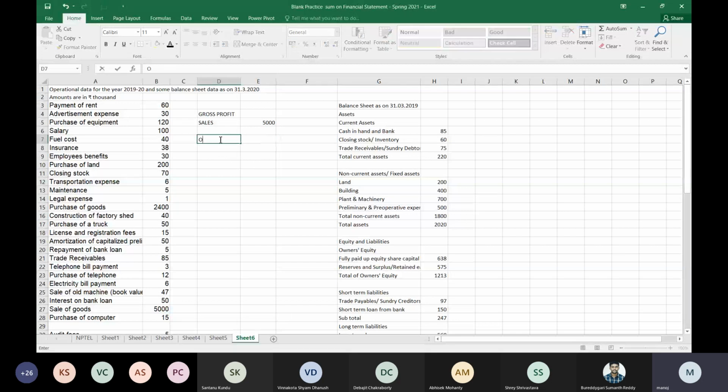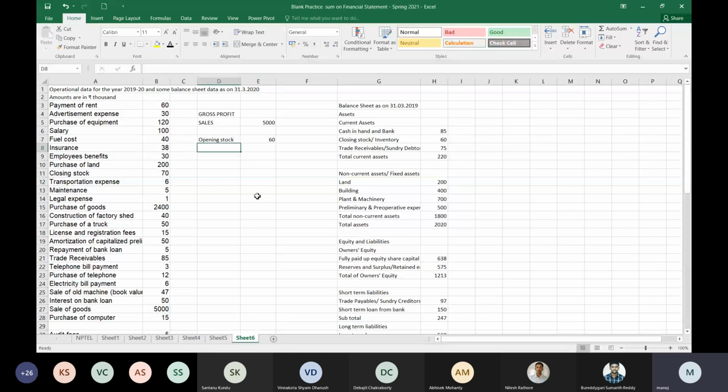I'm sorry. So you start with opening stock, and whatever is the opening stock, that is the previous year's closing stock. So this should come from the balance sheet. It is here. Closing stock of inventory is our opening stock for the current year. So 60 is the opening stock.